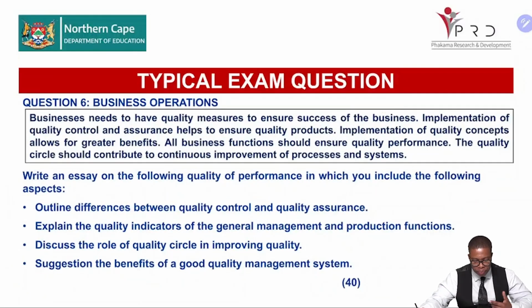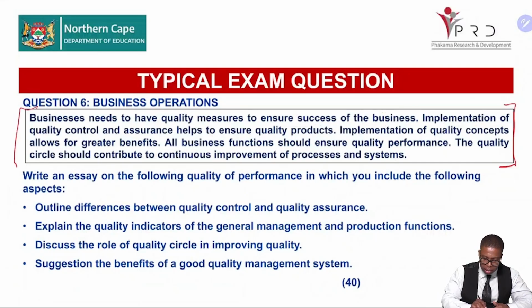Now we look into another question 6, which is a business operations typical essay. What is the essay on? Let's check the preamble, which will give us an idea. It says here, businesses need to have quality measures to ensure success of the business. We see the word quality, so this essay might be on quality of performance.